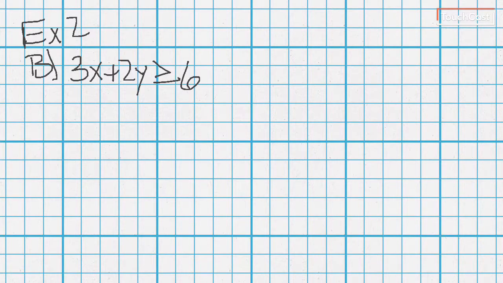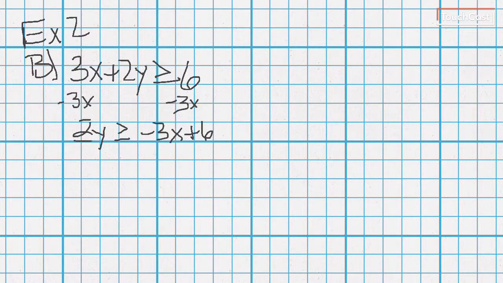Now, we do have to solve this one for y. So I'm going to start by subtracting 3x from both sides. So I'm going to have 2y is greater than or equal to negative 3x plus 6, because I do want to put this in y equals mx plus b form. Just the equals will be the inequality.